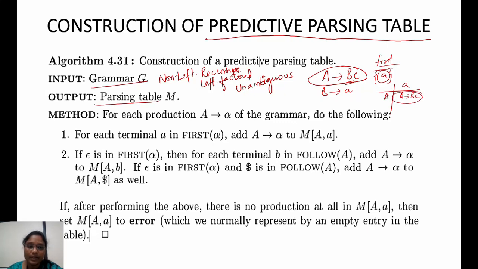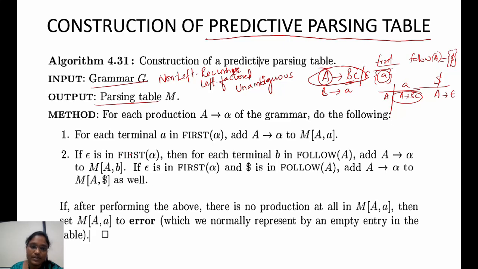And if we have a production, say A gives epsilon, we need to find the follow of the left hand side variable A. Let us say in this case we have only dollar as follow of A. So under dollar we write that production A gives epsilon.